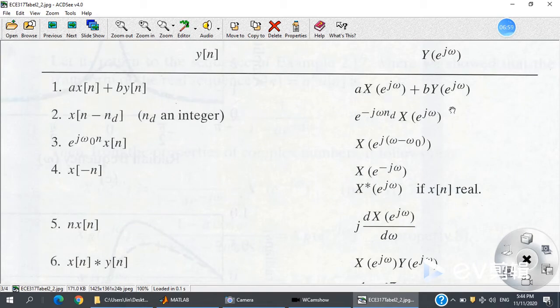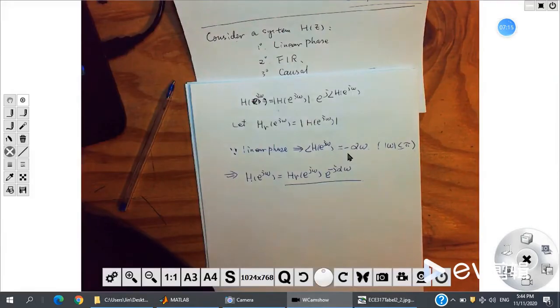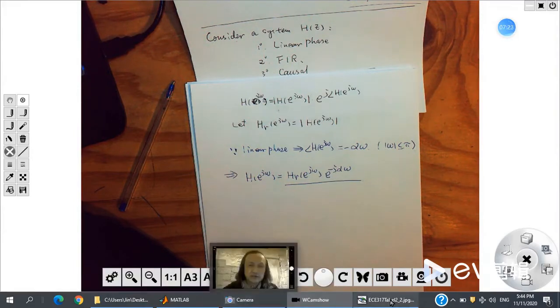Here in the frequency domain is e to the negative j omega n d. This n d is similar to our alpha here. You can compare. We have e to the negative j alpha omega.